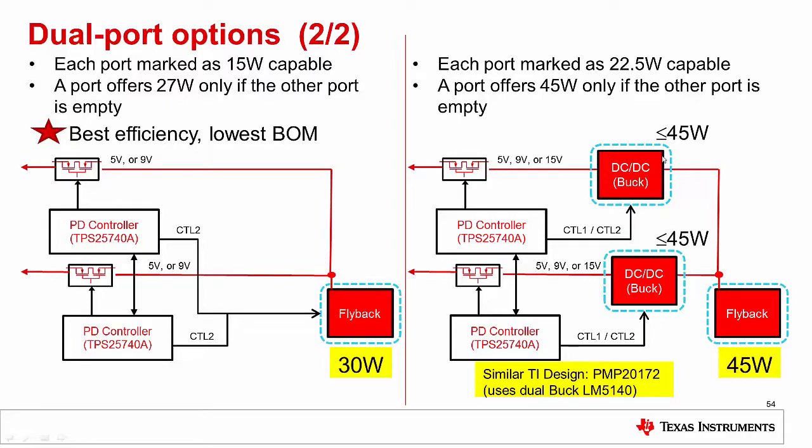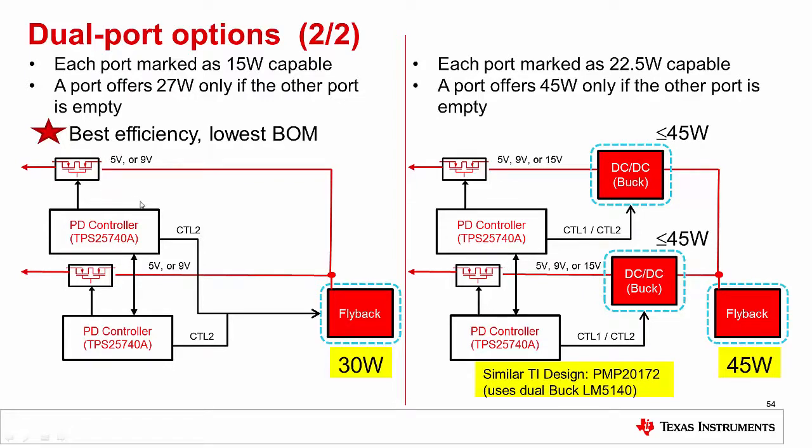In the previous solutions, we needed each port to be able to provide a different voltage at the same time, because the sink attached on port 1 might want 5 volts, and a sink attached on port 2 might want 15 volts. So you need a DC-DC buck on both ports so that you can manage that.